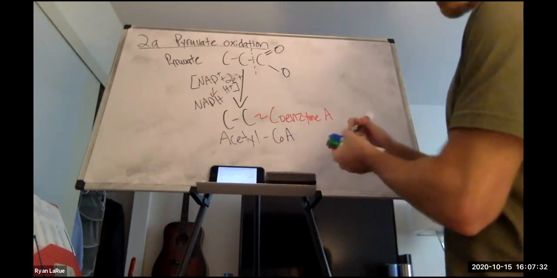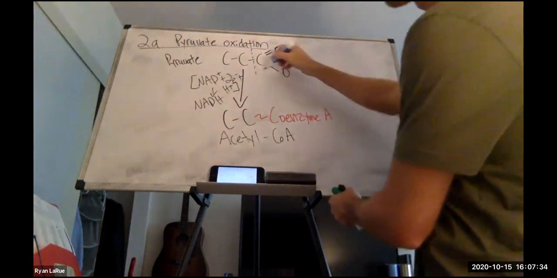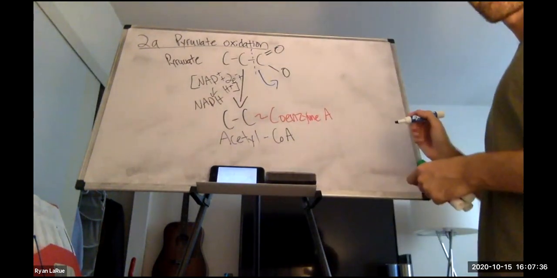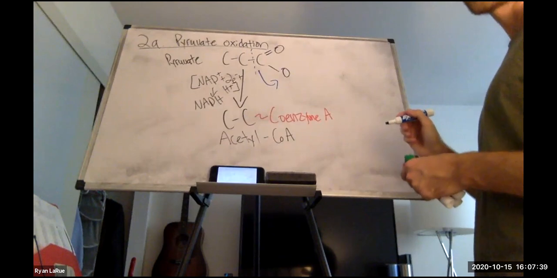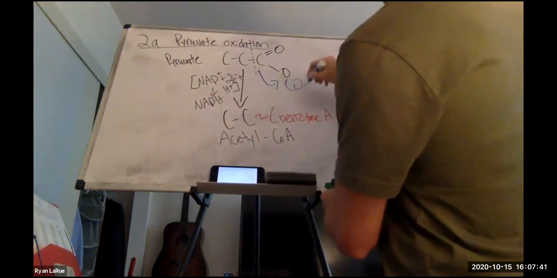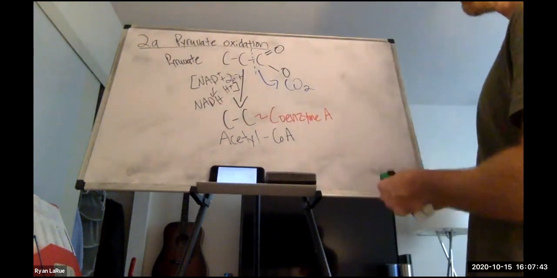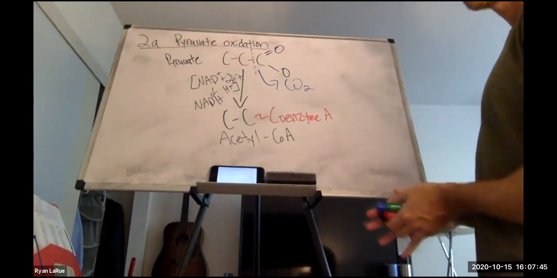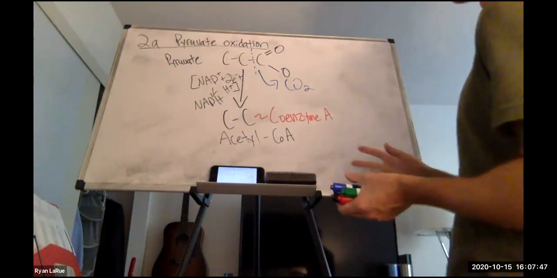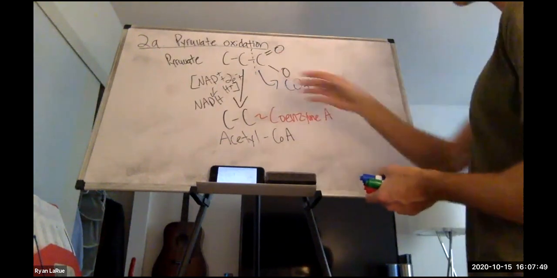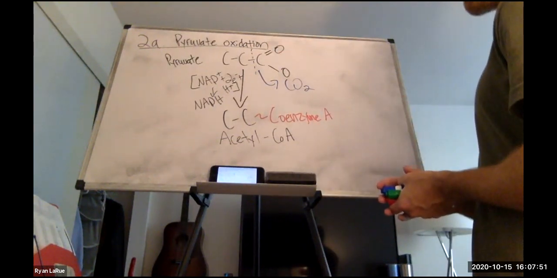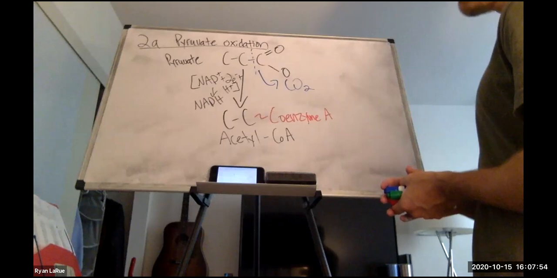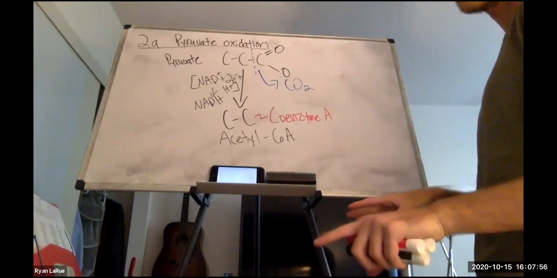What's going to come off? Yeah, CO2, it's carbon dioxide. So you form a carbon dioxide molecule, which is released from pyruvate during this process. Okay. Now, that's all it is.